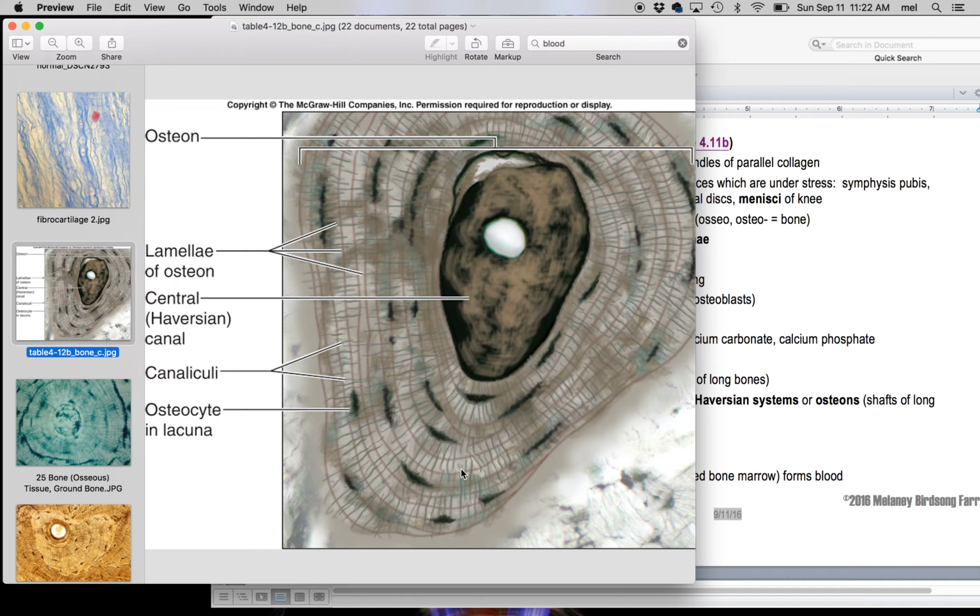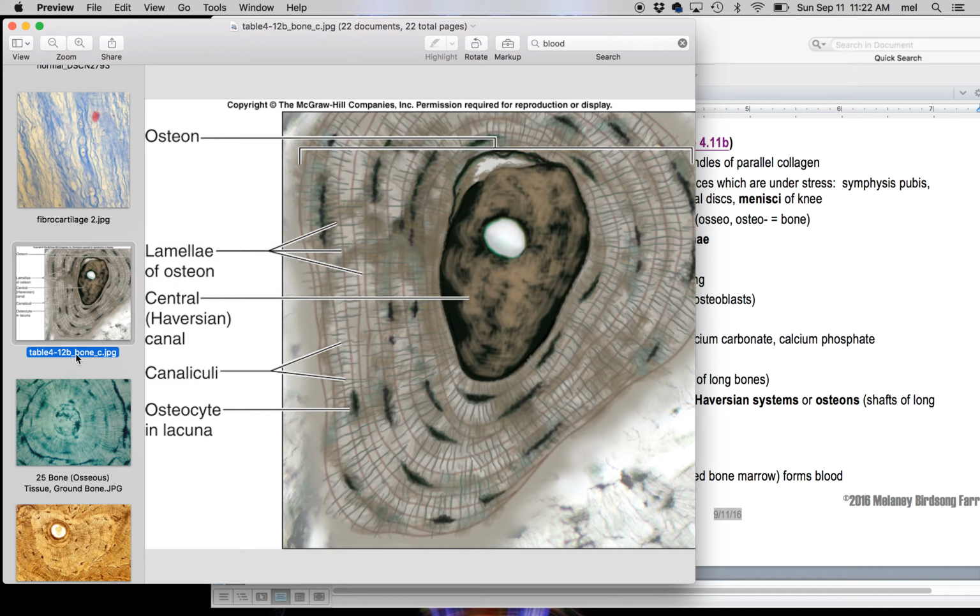When you are looking at compact bone, this is a cross section of compact bone. So you're going to end up getting something circular when you look at a cross section of a tissue that has long things in it. So imagine that you've got a long skinny thing and you took a cross section of it. Compact bone is made of a whole bunch of those.